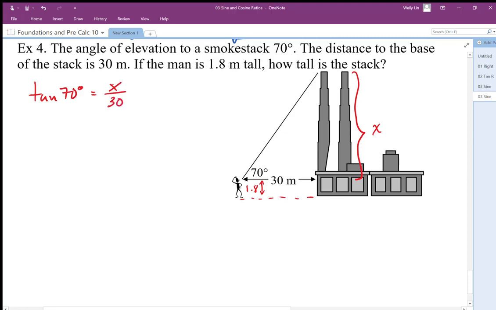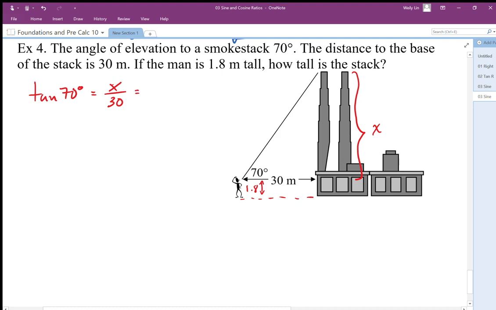Now here we want to get the ratio. In another question we had the ratio and wanted to figure out angles, so we had to use arctan. This one we are starting with the angle. We need the ratio because we have an unknown ratio to solve for. I'm going to plug this into my calculator.